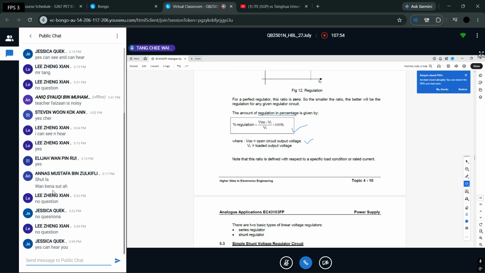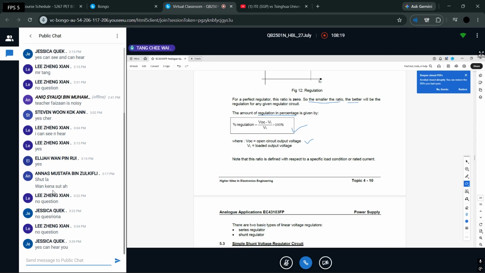That will give you the amount of voltage regulation in percentage. Repeat, the smaller the value, the better. Already they say a smaller ratio is better, so this value shouldn't be high.